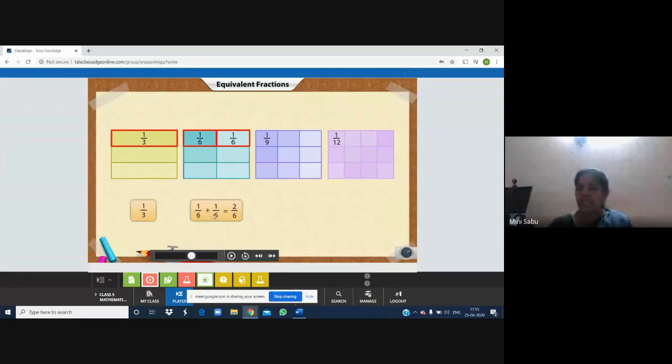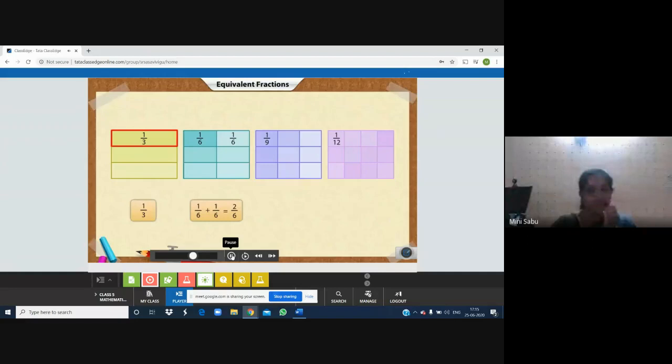See, 1 by 6 and 1 by 6 are like fractions. So if you want to add like fractions, simply add the numerators 1 and 1. 1 plus 1 equals 2. And the denominator is the same, so the denominator will remain the same. This is the way of adding like fractions. Let us continue.